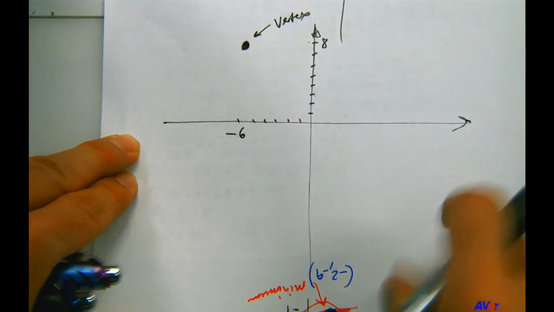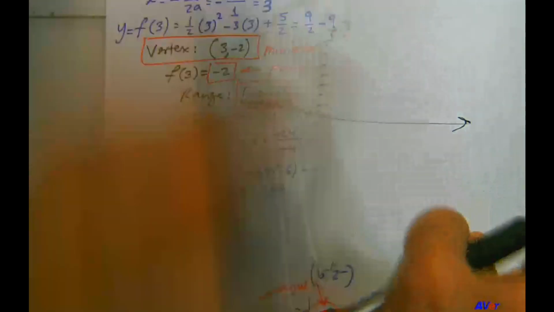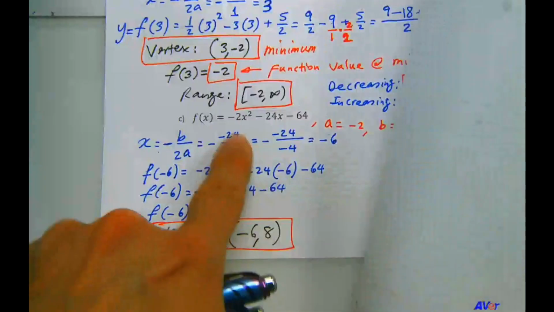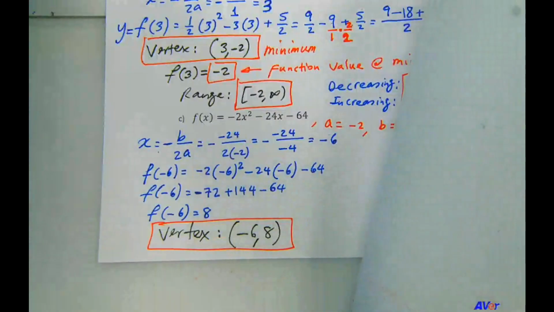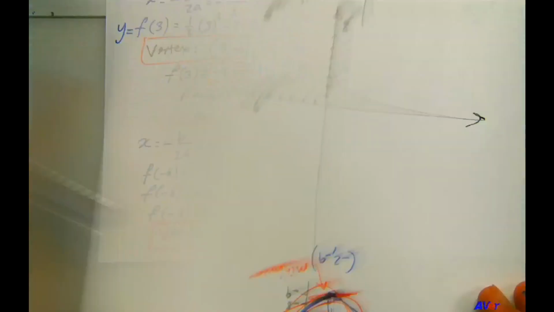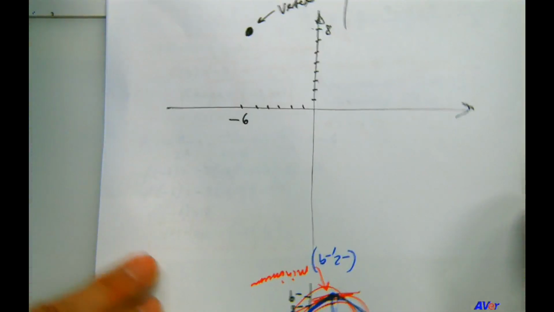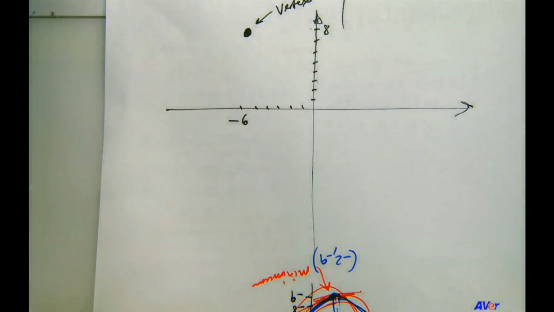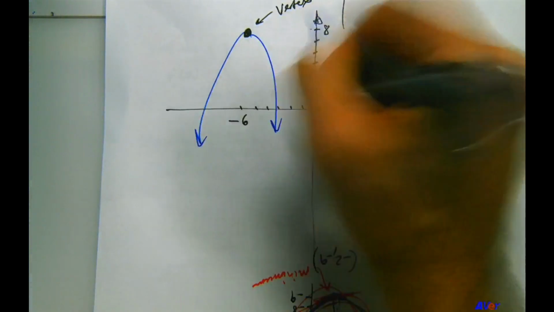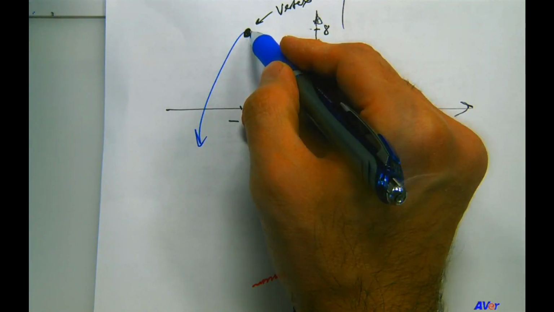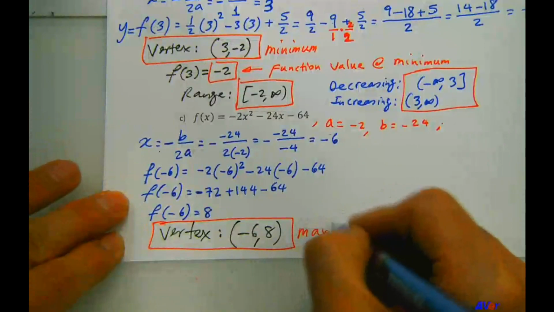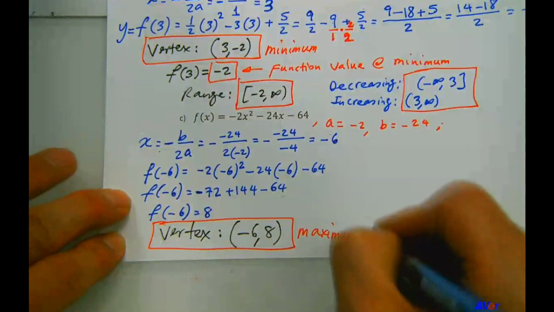And because the coefficient of this quadratic function is negative, this graph is going to open like this. So that's going to be a maximum point. So this is going to be a point of maximum.